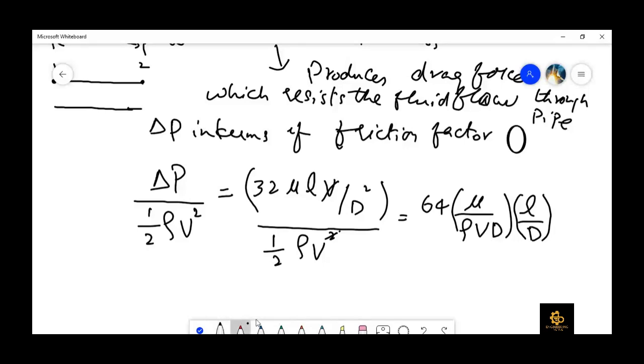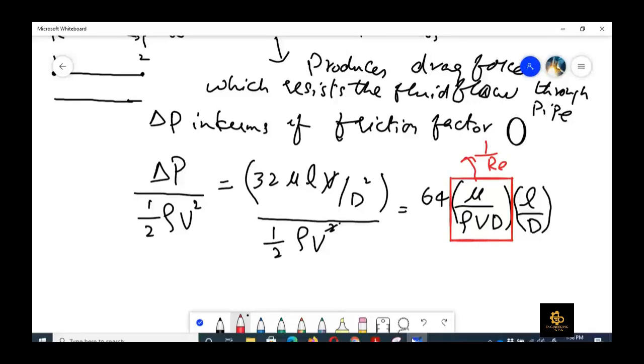We also know this term. What is this term? This is 1 upon Reynolds number for pipe, because Reynolds number for pipe is rho V D upon mu. So it was 1 upon Reynolds number, and then L upon D is also a non-dimensional number.